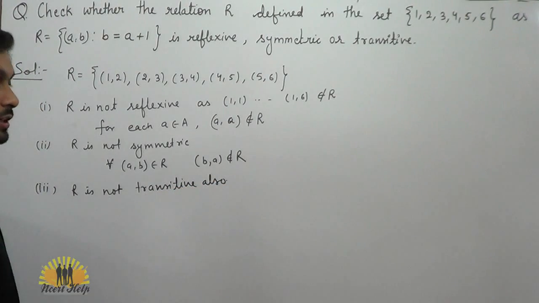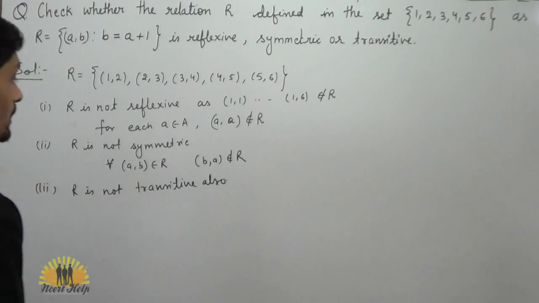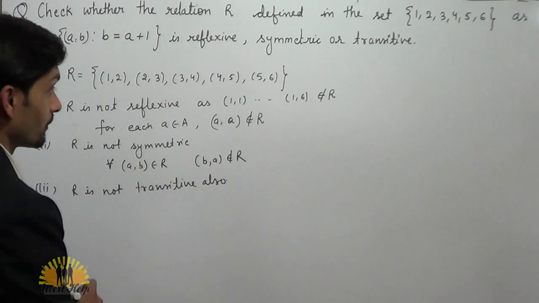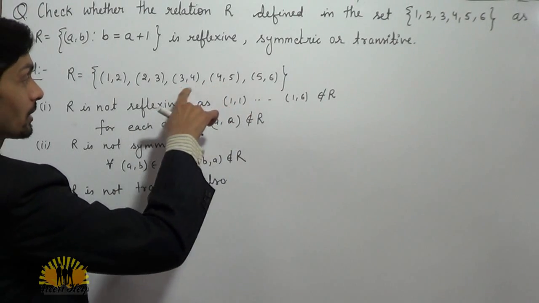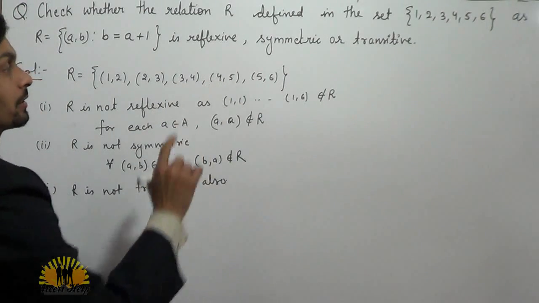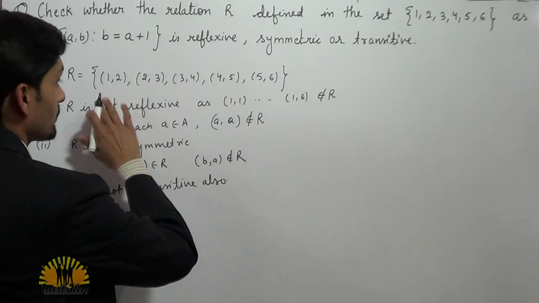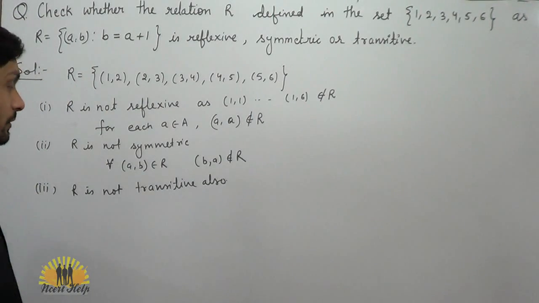R is not transitive also. Why? According to the property of transitivity, if (3, 4) belongs to R and (4, 5) belongs to R, then (3, 5) must belong to R. But there is no pair which contains (3, 5).